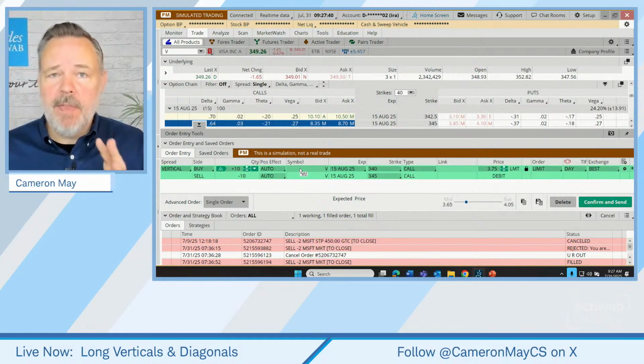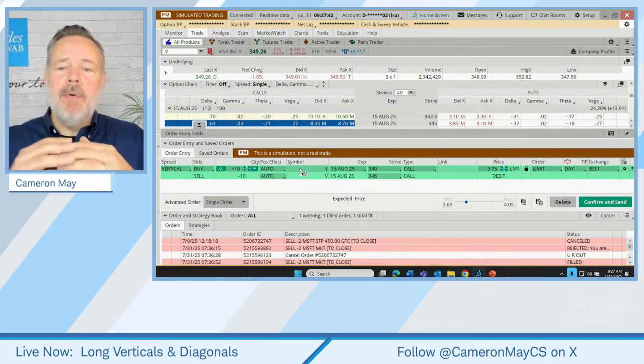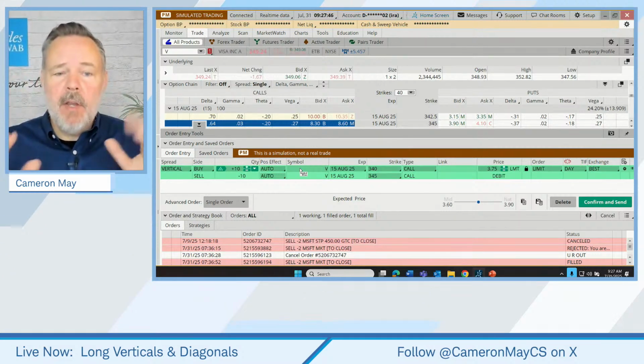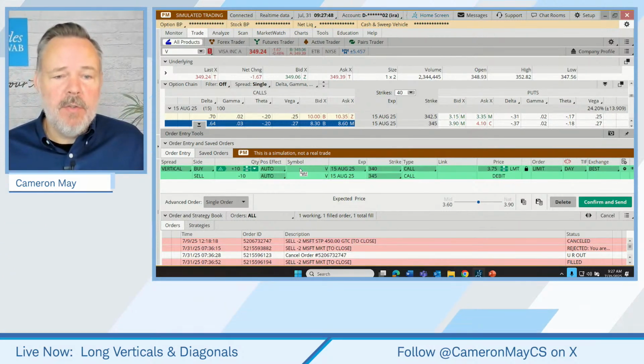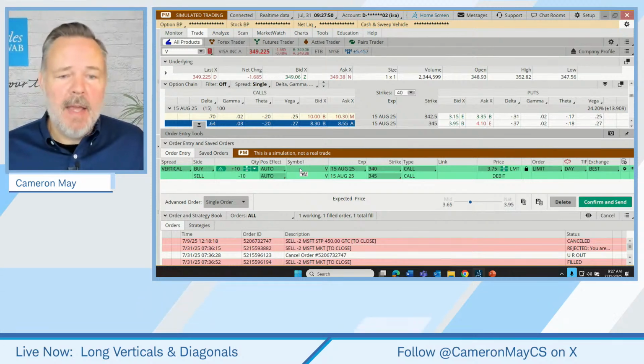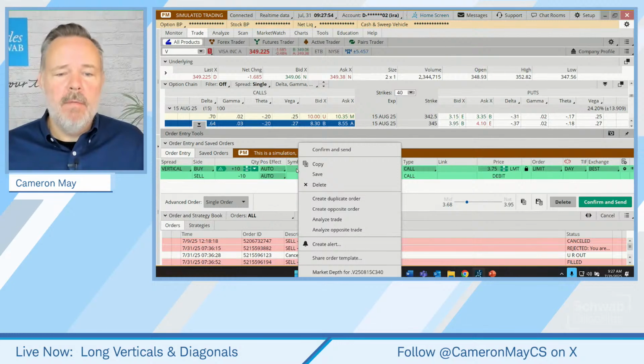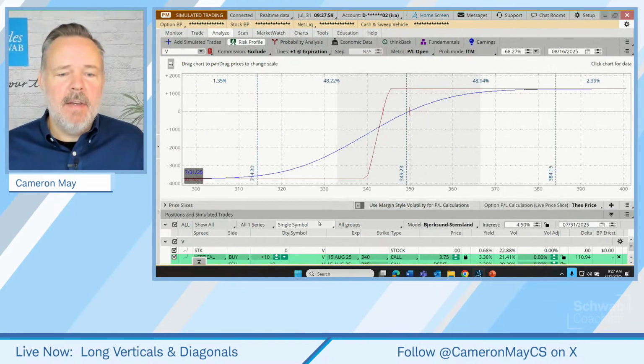If you're not familiar with the Analyze tool, we can put together a risk-reward chart very quickly using a tool on Thinkorswim called the Analyze Risk Profile. I'm going to right-click on the order and select Analyze Trade. And that's going to take us right to our risk profile on the Analyze tab of Thinkorswim.